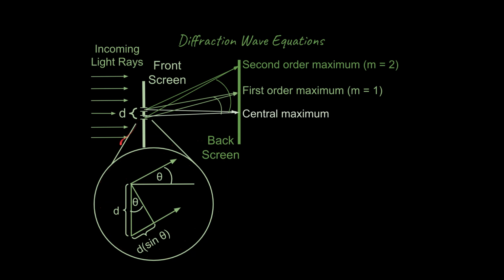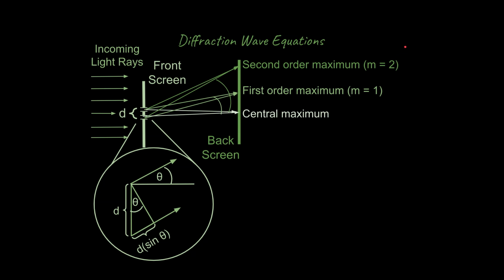This is like a zoomed in version of what's going on here. I'm going to say there's an angle involved, measured to a horizontal line, let's say. And the geometry works out where this angle is actually equal to this angle over here. You can think of this as a right angle, and this is a complement to this, and so on. But these angles are actually going to be the same. Now let's say they're going to be firing off at some distant spot over here on the back screen.